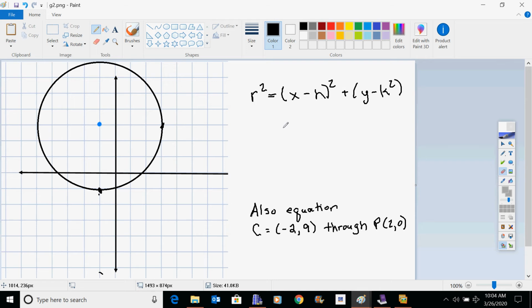The first thing you need to do, if you need to write this equation, is find the r. The radius is 1, 2, 3, 4. You would find that by counting. So 4 squared equals x minus, wait, what's h, k? h, k is the center, negative 1, 3.